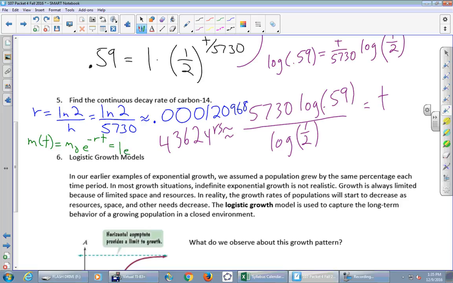E to the negative R, we just discovered, there's your R, 0.00012, that's good enough. Raised to the T. Oh, as I read this question more carefully, I see that this was the answer they were after. The continuous decay rate is just that number. We wrote down the follow-up formula.